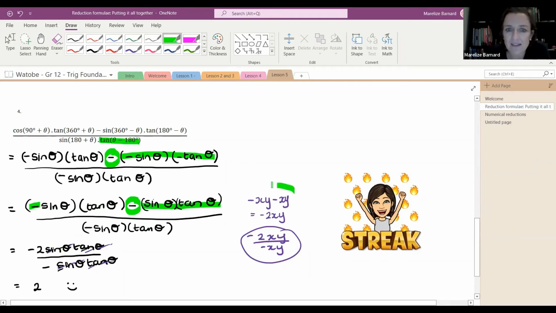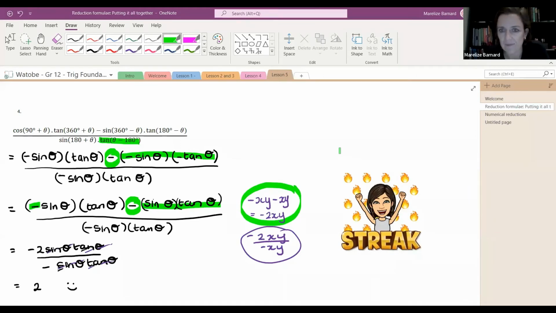And I explained it here just with some basic algebra, some basic ideas. Minus xy is minus 2xy. So that's how we got to that. Okay, does that make sense? Yes, ma'am. Okay, good stuff.